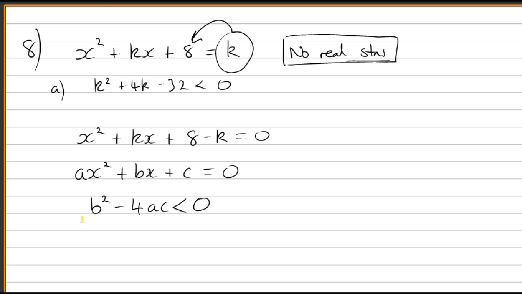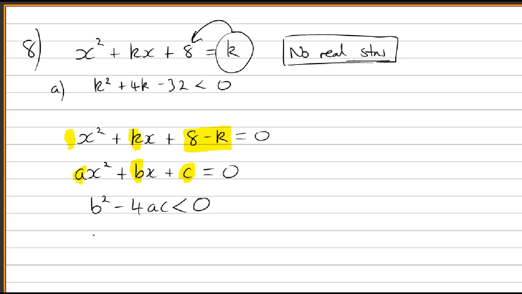Now, comparing our two equations, the general and the equation given, my a value would be 1 because there's 1x squared there, my b value would be k, and my c value would be 8 minus k. So let's substitute these values in.